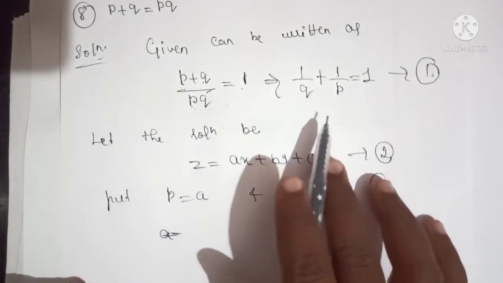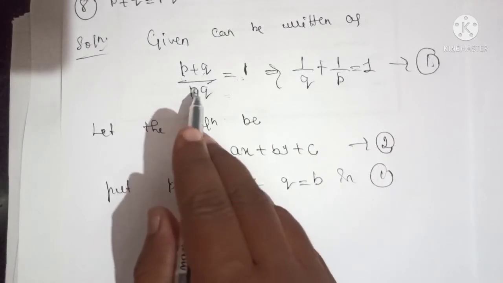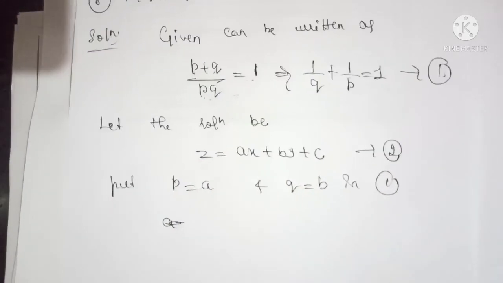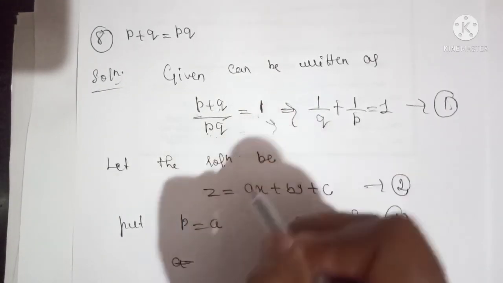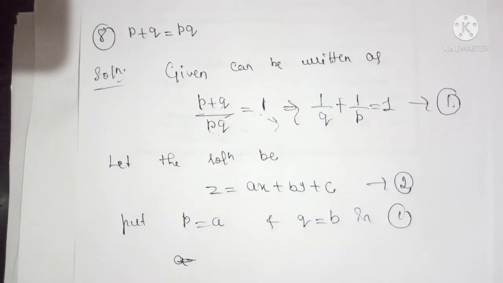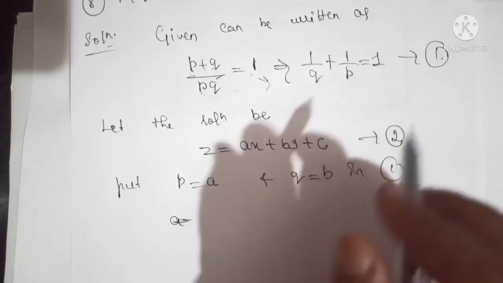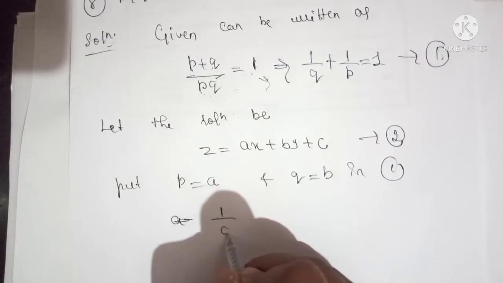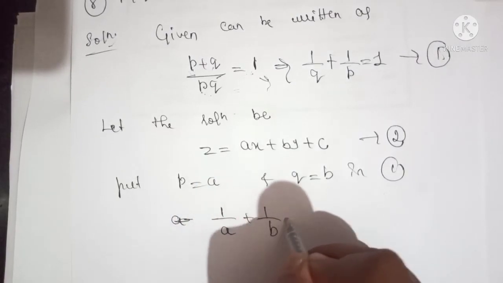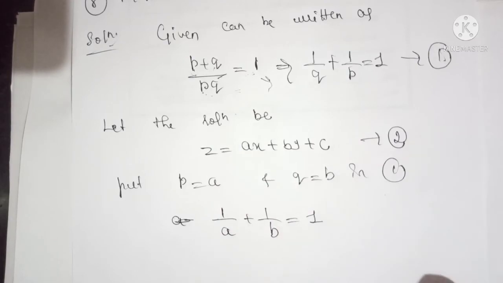Better you consider this as equation 1. We substitute simply in equation 1 only, so we get 1 by a plus 1 by b equals 1.